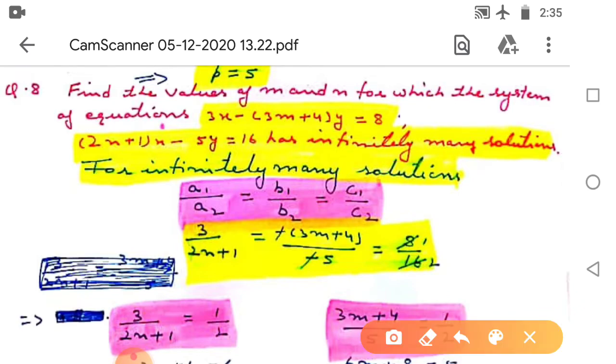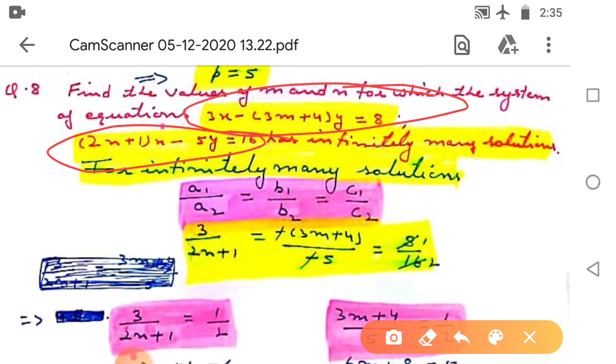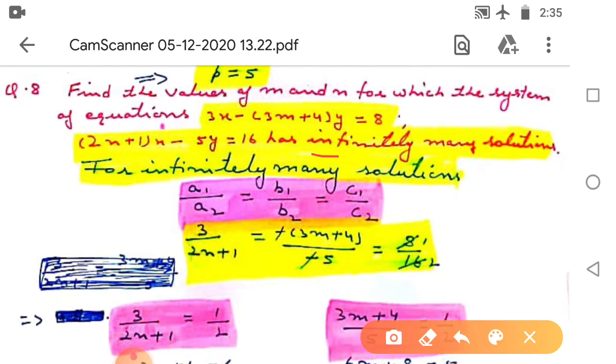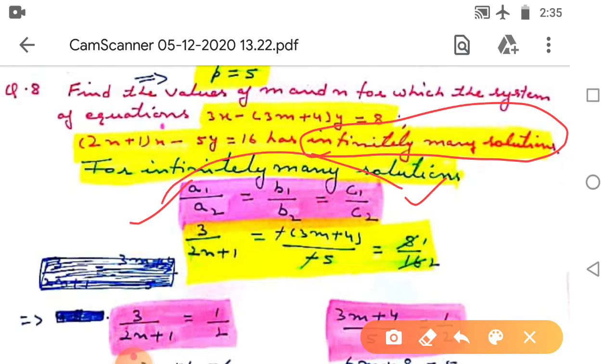Clear? So we have two equations. This is first and this is equation number 2, right? And the condition is infinite many solutions. For infinite many solutions we have a1 upon a2 is equal to b1 upon b2 is equal to c1 upon c2. So this is the condition for infinite solution. This is the condition for coincident lines.